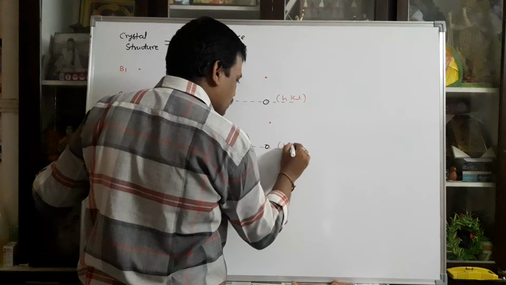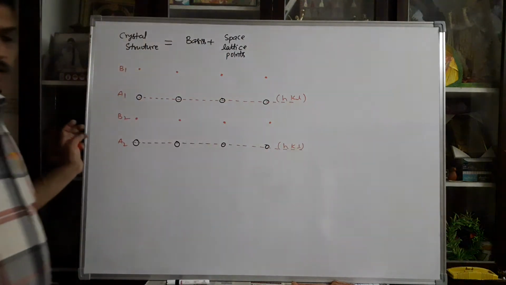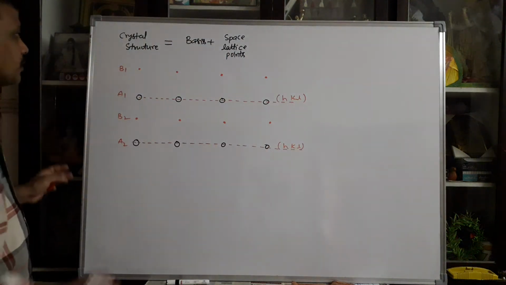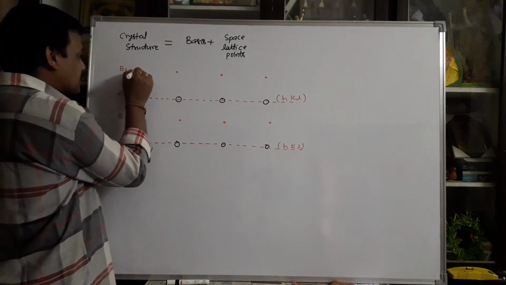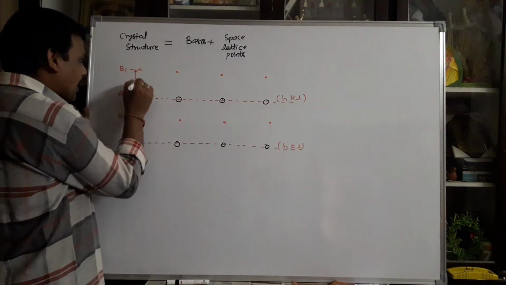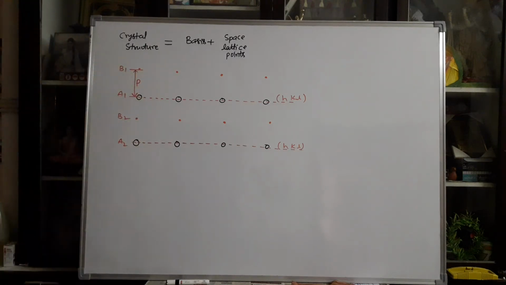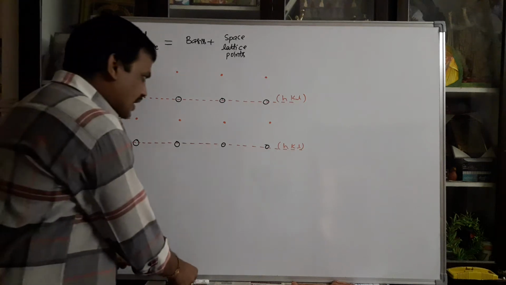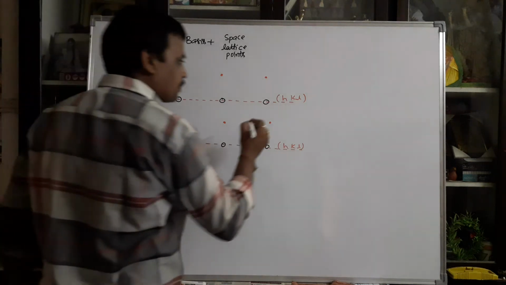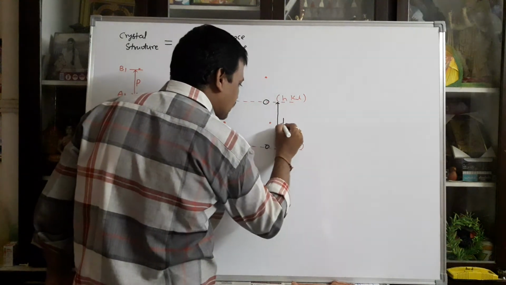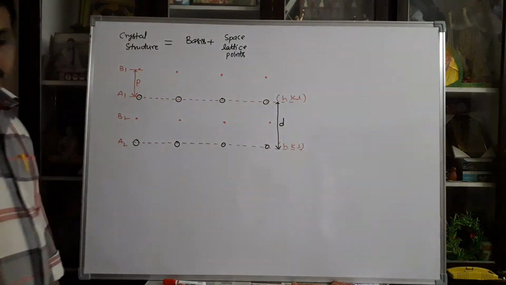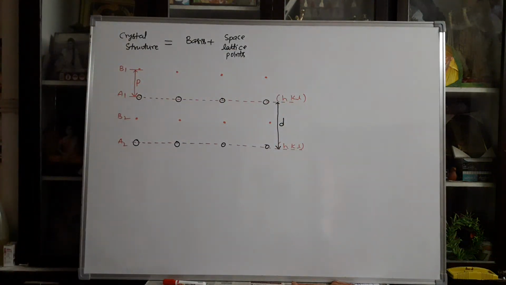Here also Miller indices h, k, l. And the height of this lattice plane with respect to the basis can be taken as P. The distance between successive lattice planes is nothing but the interplanar distance, that is d.